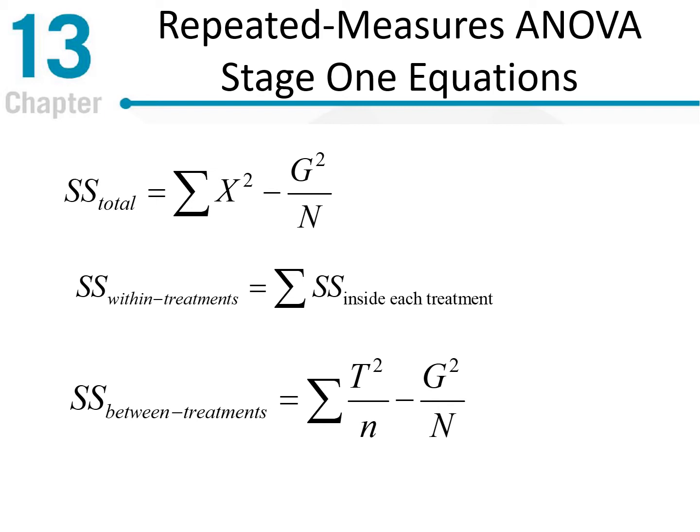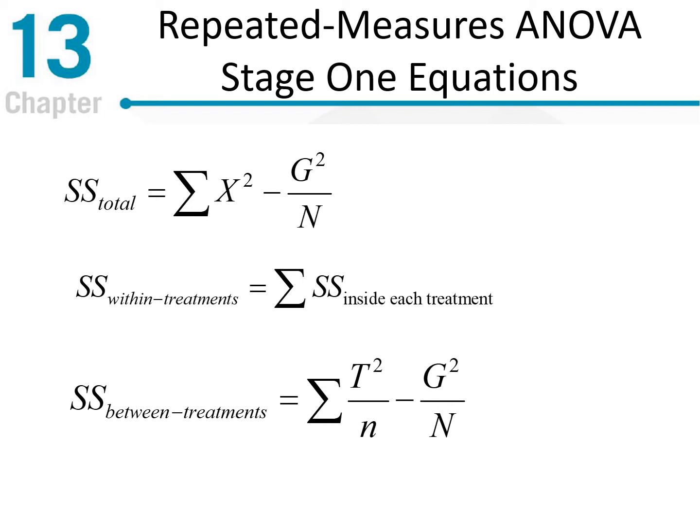Then your sum of squares within is basically the sum of squares. Find the sum of squares in each treatment group, and once you find it, add them together. And then the sum of squares between treatments, which is the numerator, is going to be the sum of the totals.